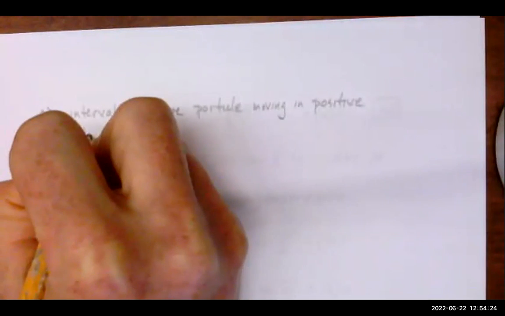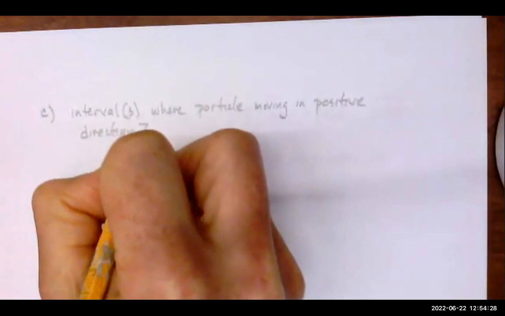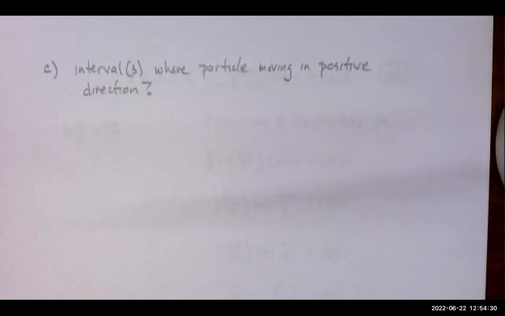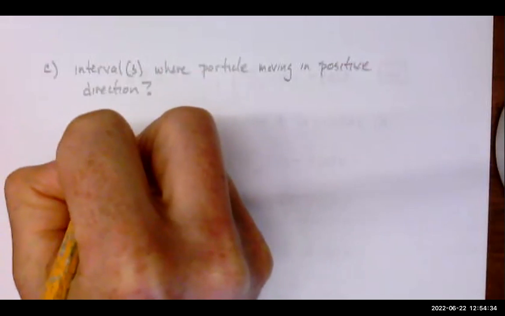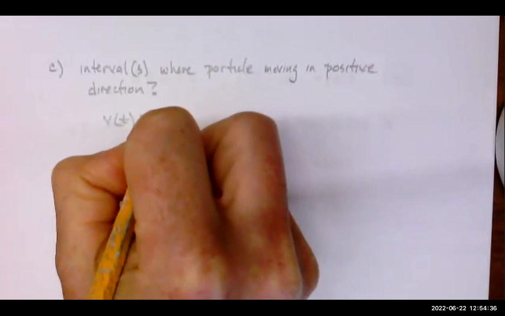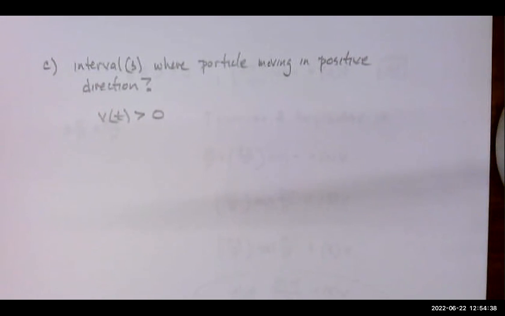This is interesting. Where's our particle moving in the positive direction? Well, that'd be when the velocity is positive, greater than 0. We know that it's equal to 0 at 2 and at 6. And it turns out that's going to be really helpful for us.